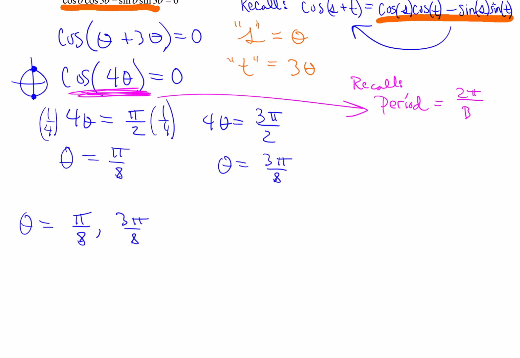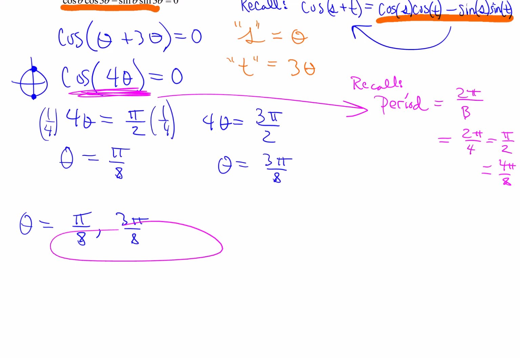Period equals 2 pi over b, 2 pi being the pure or regular period of cosine. So for us, that would be 2 pi over 4, since there's a 4 in front of the theta here, which would be pi over 2. So we can use this to string out more solutions here. Instead of our period being pi over 2, I'm going to write it in a common denominator of 8, since that's what we're working with right now. Really, pi over 2 is 4 pi over 8.